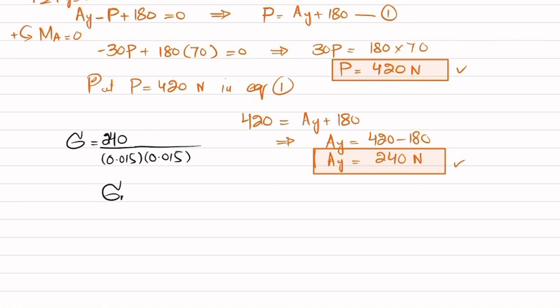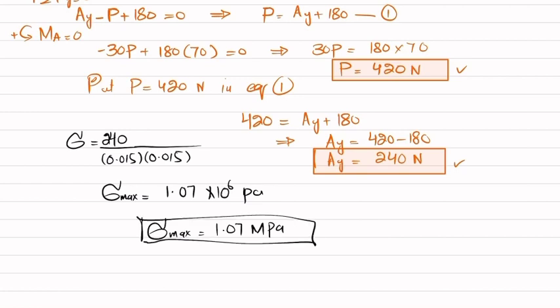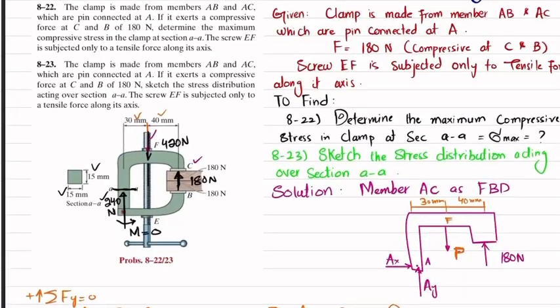So when you calculate, you will get the maximum stress that comes out to be 1.07 into 10 raised to power 6 Pascal, or you can say the maximum stress is 1.07 megapascal. So this is the answer of our first part, and this stress will be compressive.